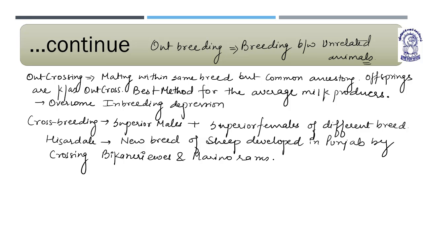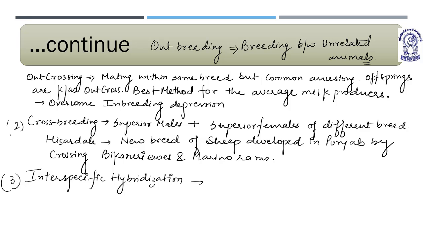If the species are different, then it is interspecific hybridization. This technique involves male and female animals of two different species.